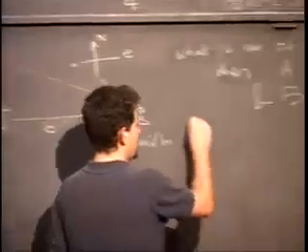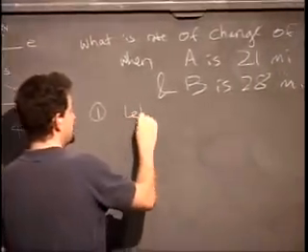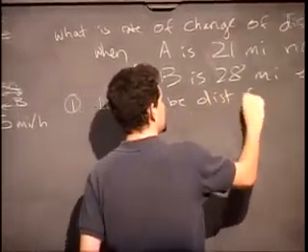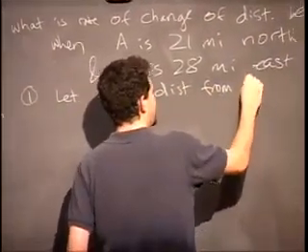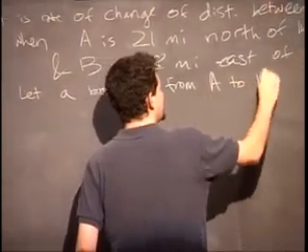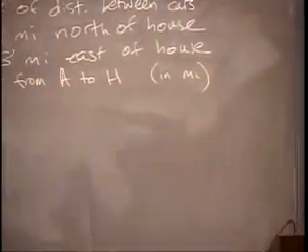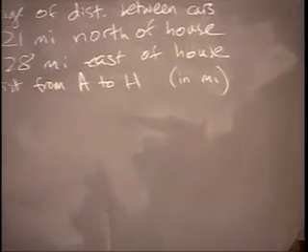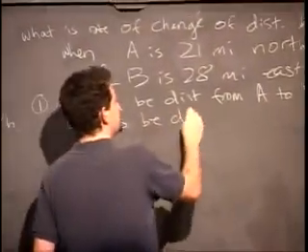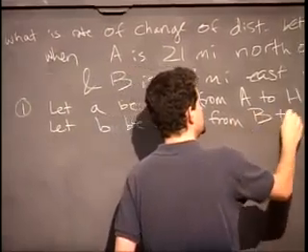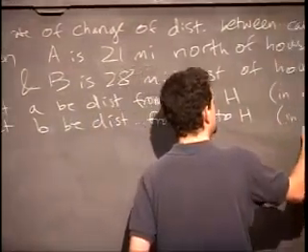So step 1 is going to be let A be the distance from car A to the house, H, in miles. And let B be the distance from B to the house in miles.